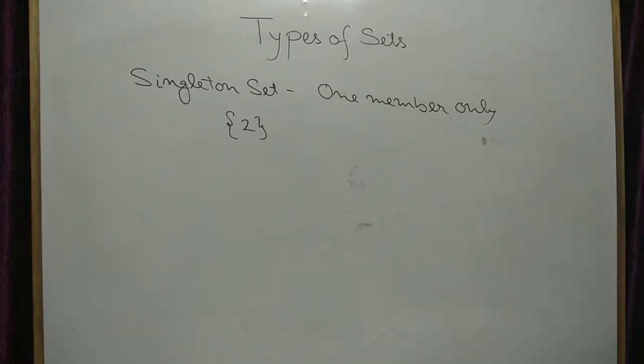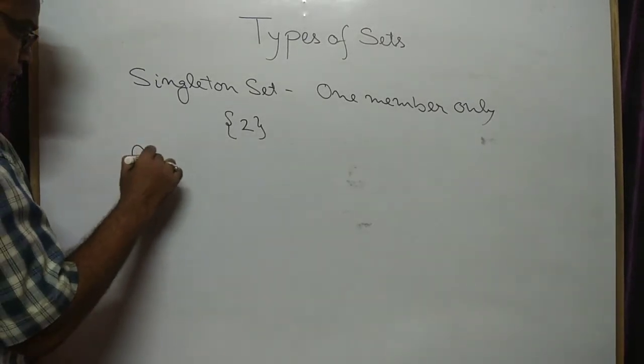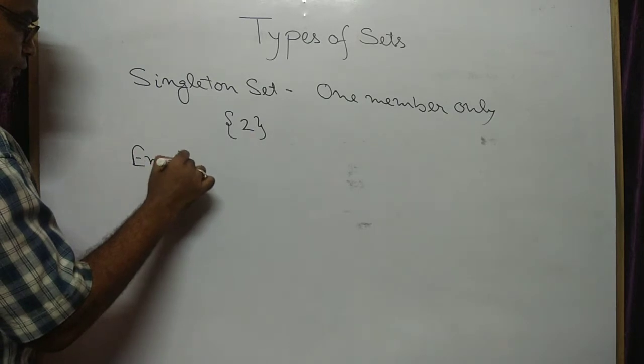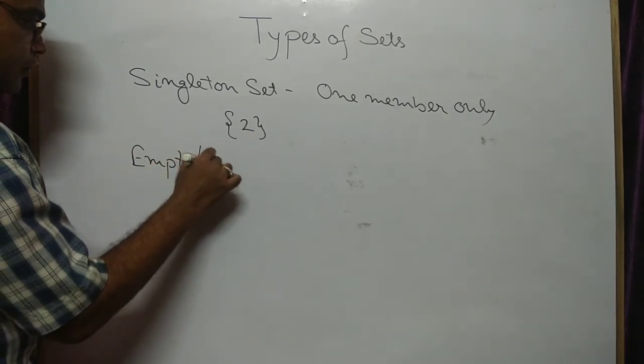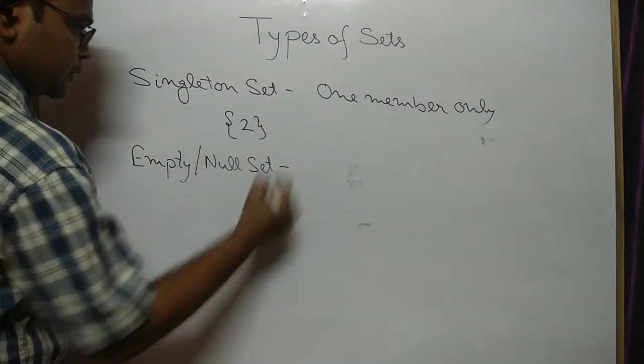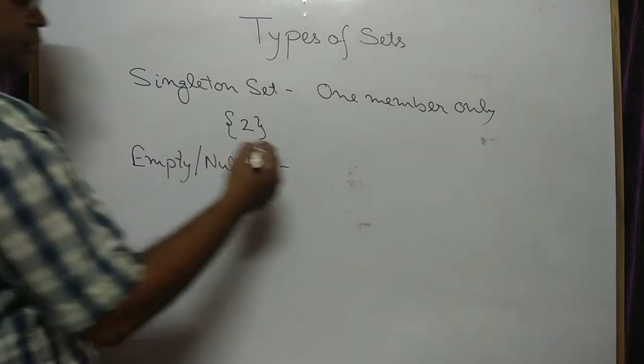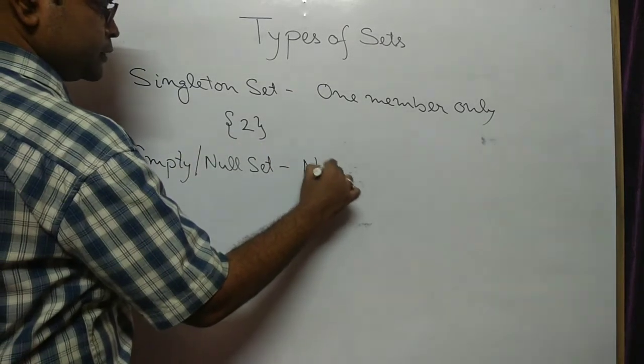Then our next set is the empty or null set. In this type of set, we have no members.